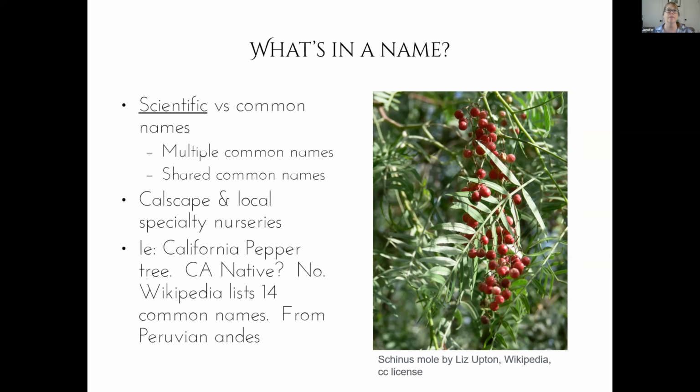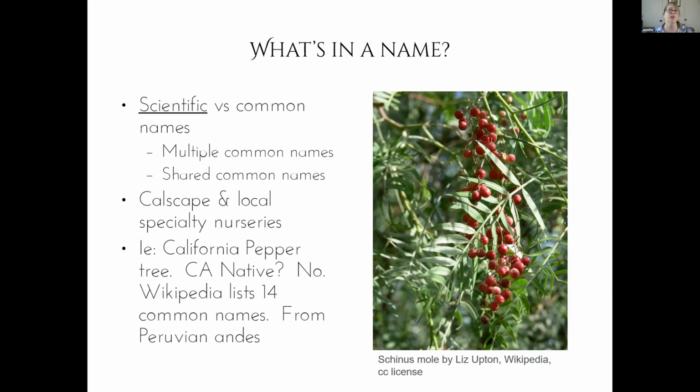In the landscape industry as a professional, I only use common names if I also use the scientific names. My plant list has both, but I never use a common name by itself. It is just too easy to get confused. Some plants have multiple common names, and many different plants will share a common name.